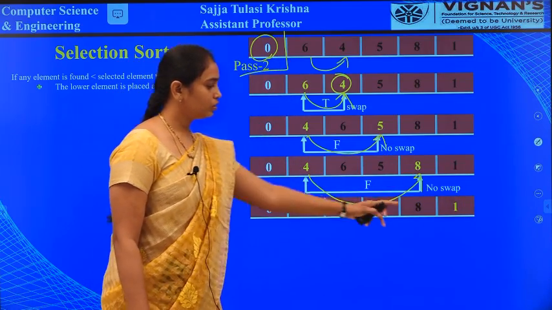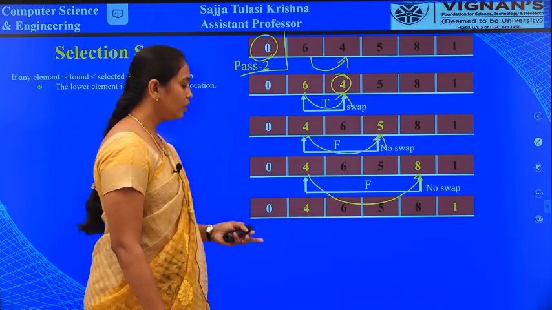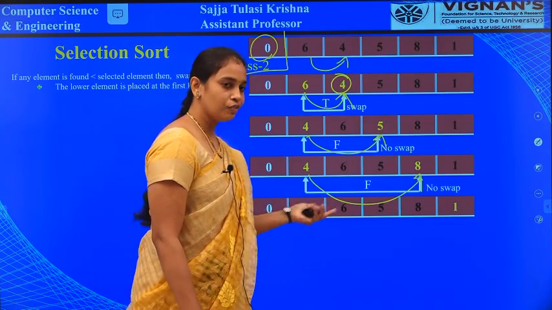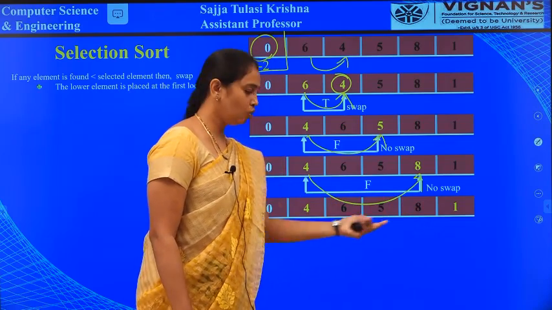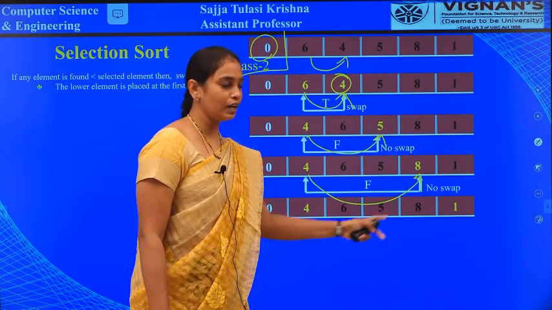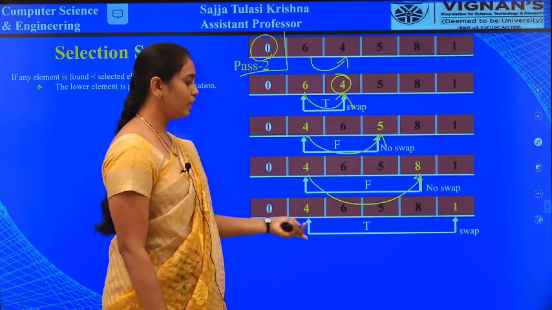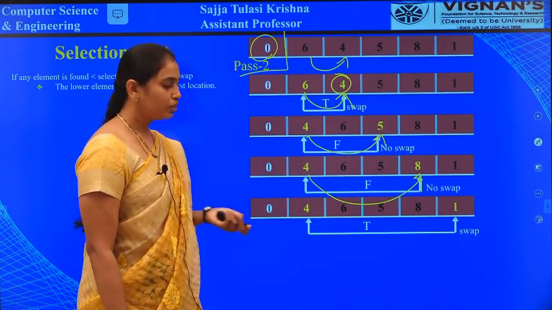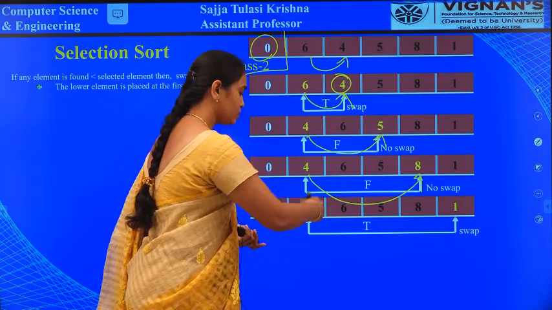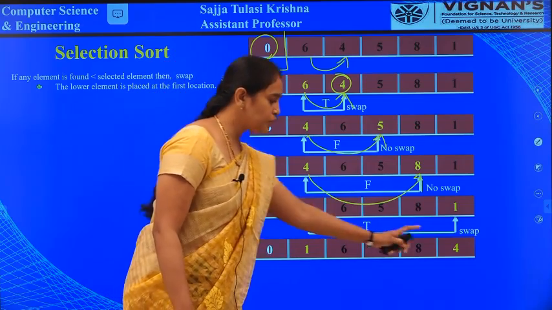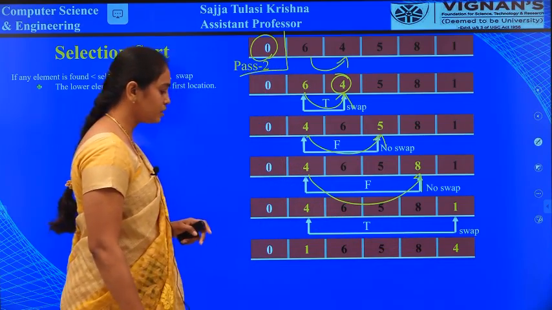Which is the smallest element now? Is 4 less than 1? No, 4 is greater than 1. So now the condition is true, there is a swap. Now 1 is swapped with 4. See here, 1 is placed here, 4 is placed there.